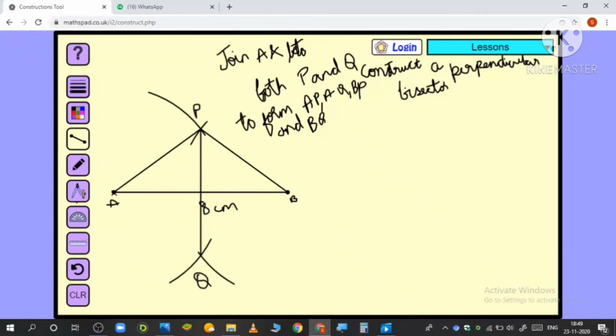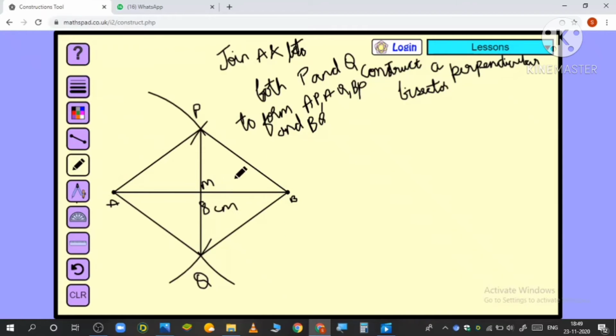In triangles PAQ and PBQ, AP is equal to BP, arcs of equal radii, AQ is equal to BQ.